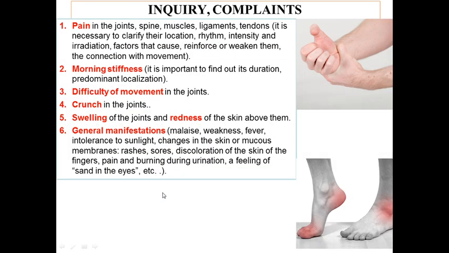Before starting discussing arthritis and arthrosis syndrome, I'd like to give you common information about how to inquire the patient, how to take history of the patient, and also how to palpate and observe the patient with joint disorders. During taking history of the patient, you should collect the complaints of the patient, and pain is the most common complaint of patients with joint disorders.